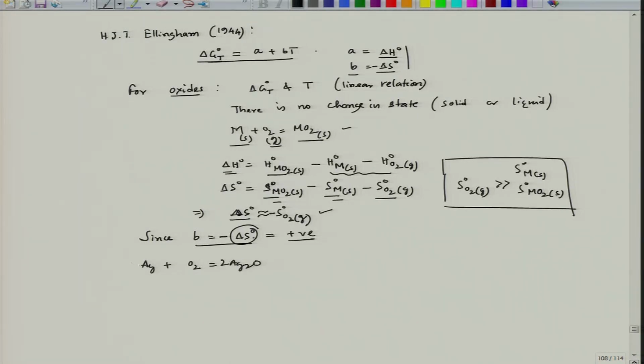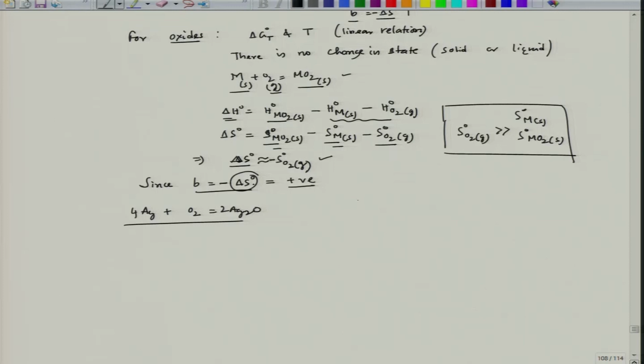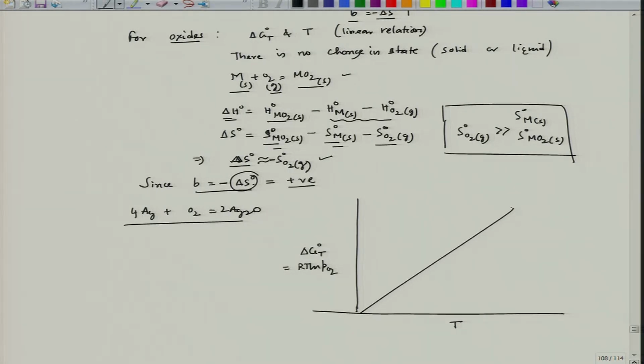If you plot temperature with del G T, which is nothing but R T ln PO2, and since it is a linear A plus B T relation, the plot looks like this, with a value of minus 10 kilojoule per mole here and minus 20 kilojoule per mole of oxygen here.